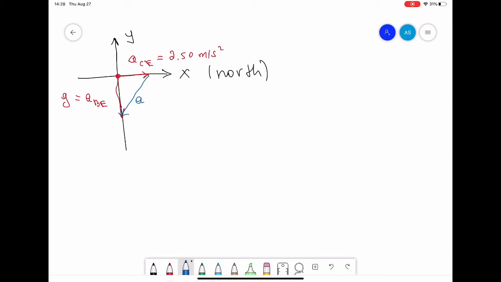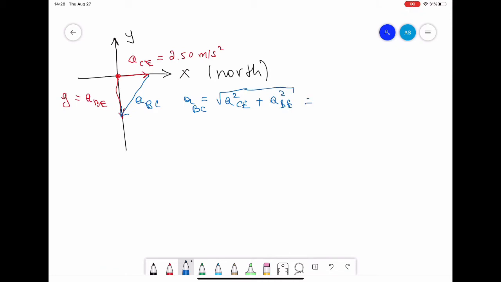This acceleration can be found by using the Pythagorean theorem: the acceleration of the bolt relative to the car is equal to the square root of a_CE squared plus a_BE squared.